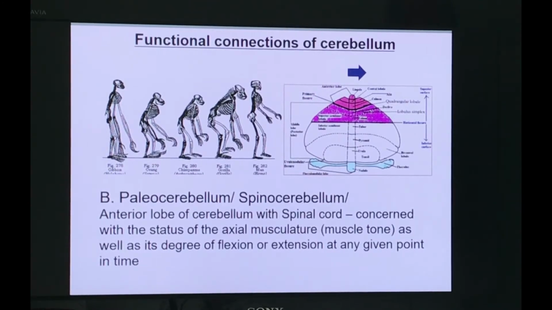So it mainly helps in the action of the muscles which have to contract during any particular movement. Along with that, there should be relaxation of the antagonist muscles. So it maintains the degree of flexion or extension at a given point in time, when a particular action has to be executed. So it mainly helps in planning and execution of the motor movements.